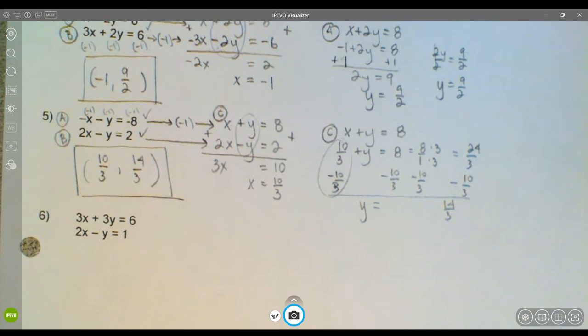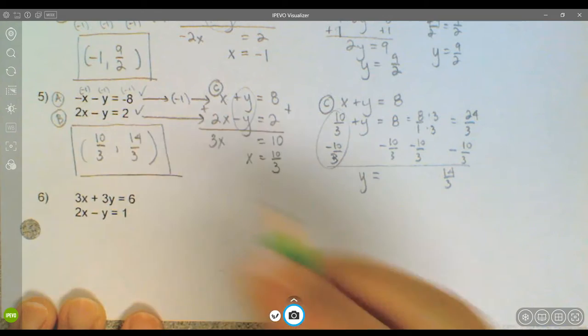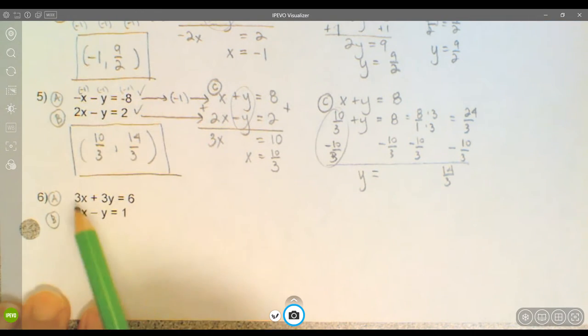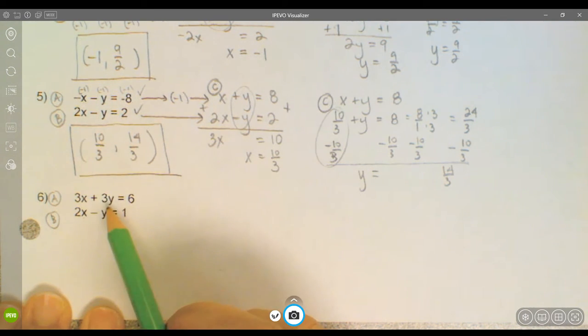All right, number 6. There are no built-in opposites. So I need to find some other method to solve this. So can I turn 3x into negative 2x? Or can I turn 2x into negative 3x? Nope. Can I turn 3y into negative y?